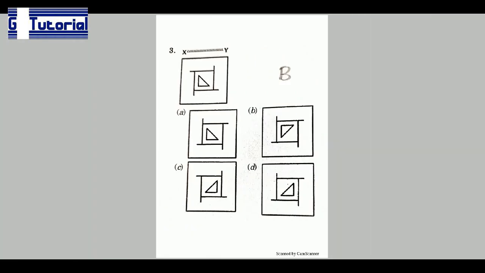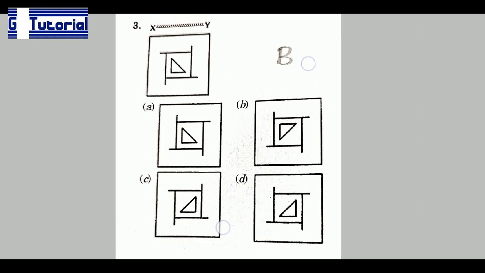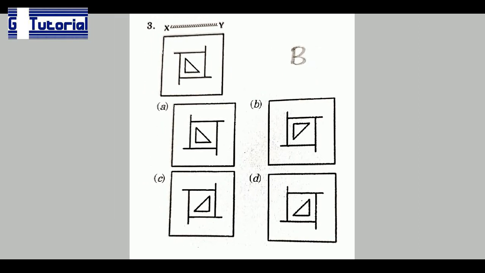Next question. In this question, the mirror is on the top of the object. So, we can approach this problem by considering that we are facing west and the question is in front of us.